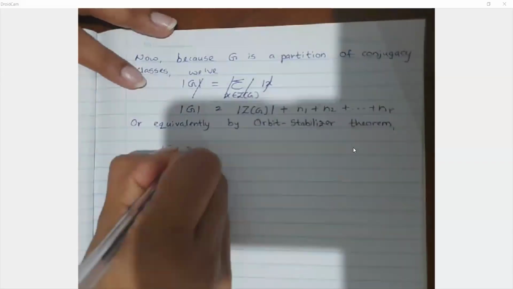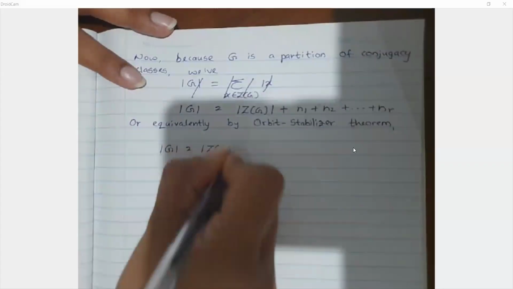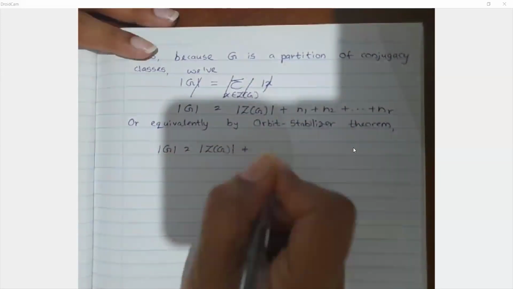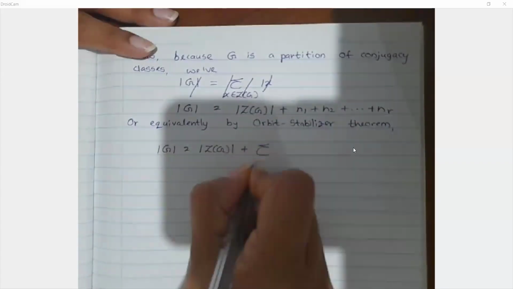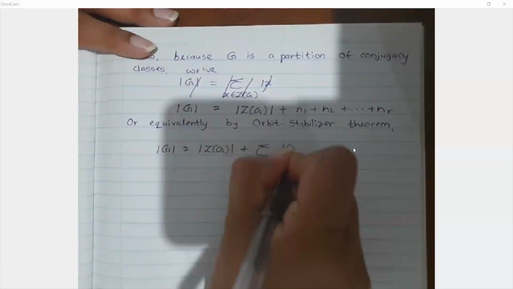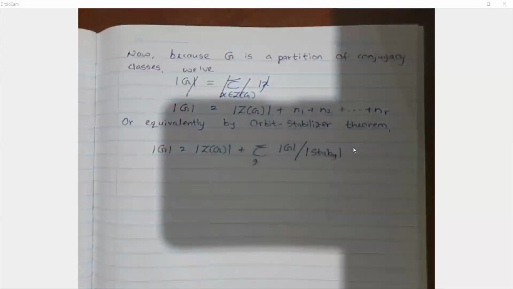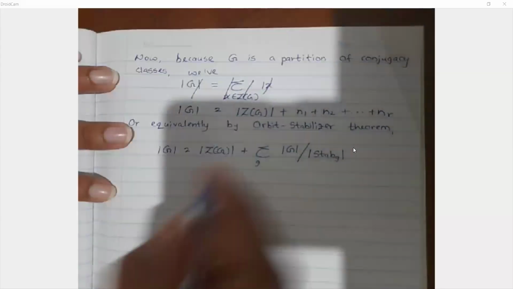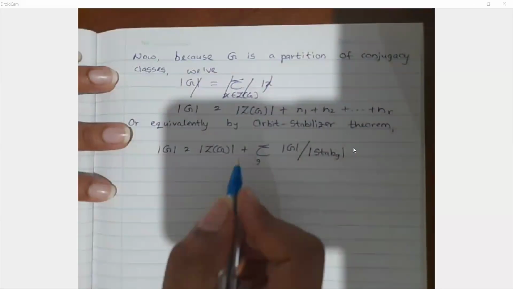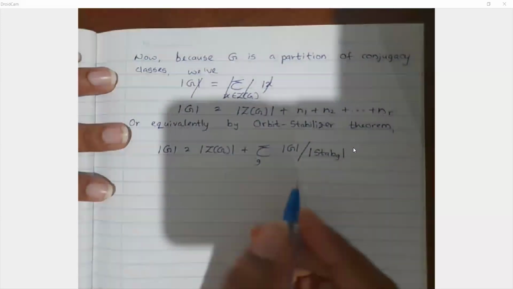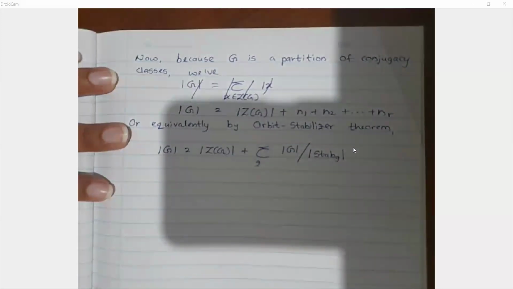The number of elements in G is equal to the number of elements in the center, where each element over here defines a unique distinct conjugacy class, plus, using the orbit stabilizer theorem, for all g, the number of elements in G over the number of elements in the corresponding stabilizer, where g runs over each conjugacy class containing more than one element, right?